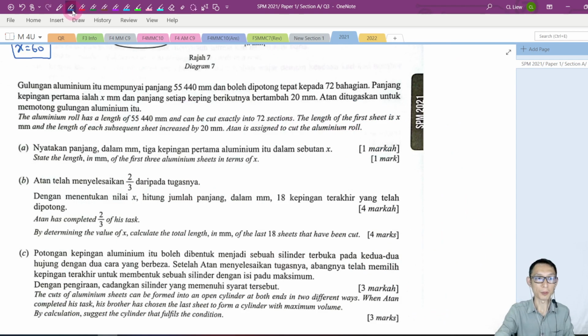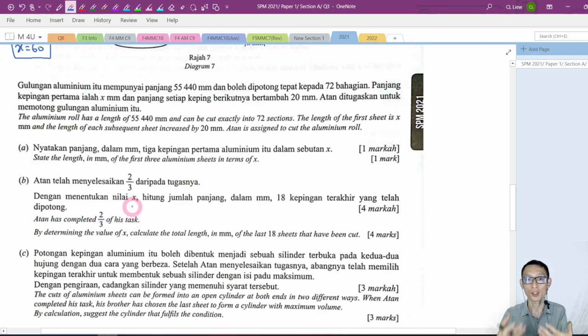Okay, this part you need to be more careful now. Atan needs to cut this aluminium roll into 72 pieces, right? Now Atan has completed 2 over 3 of his task. So 2 over 3 of his task is how many pieces? You have to calculate 2 over 3 times 72.